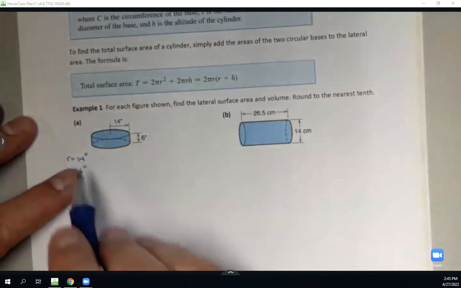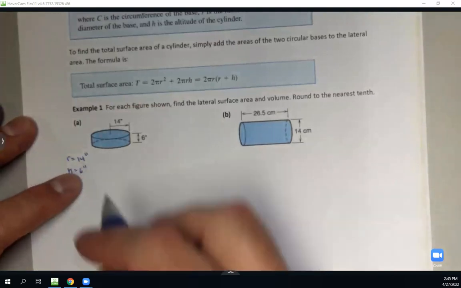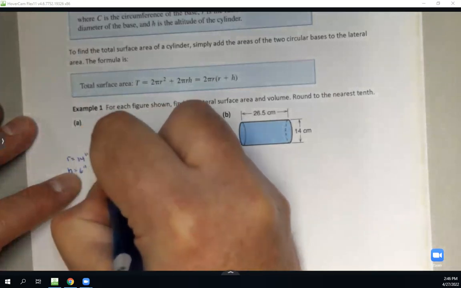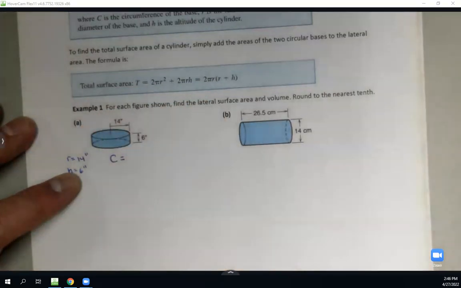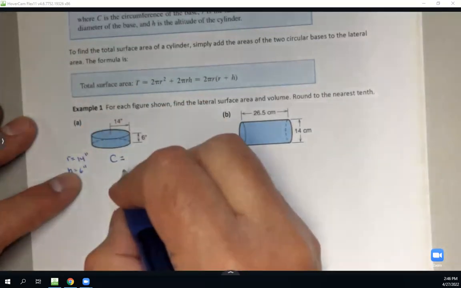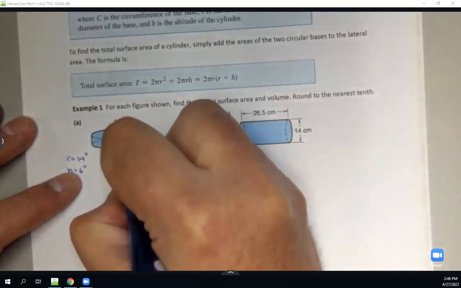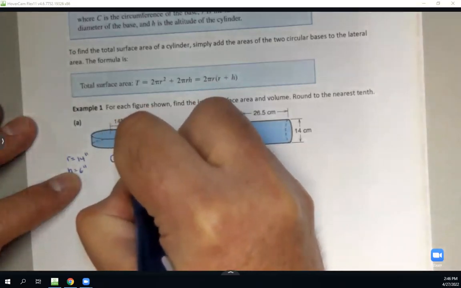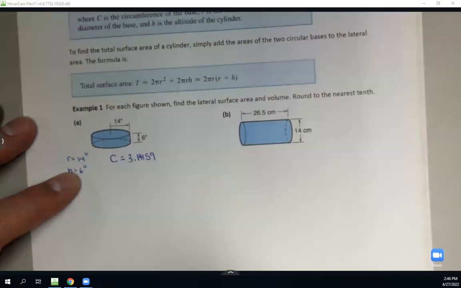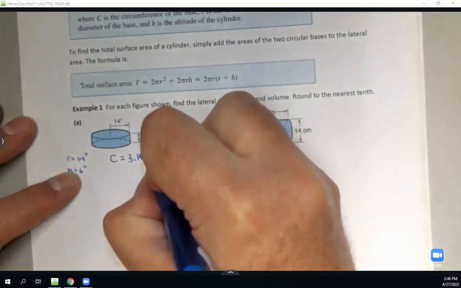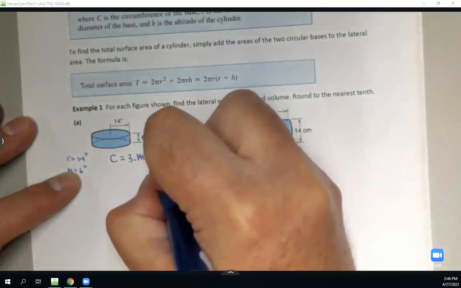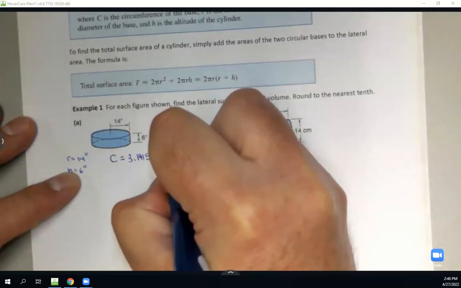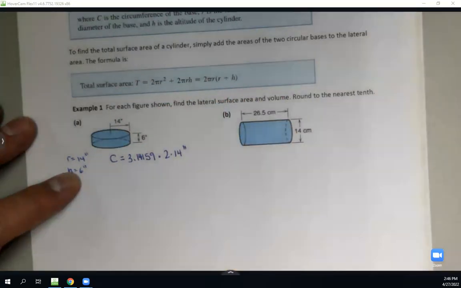Knowing that the radius is 14 inches, then the circumference of the circle is going to equal pi. So that's 3.14159. So pi times 2 times 14. You with me on that?